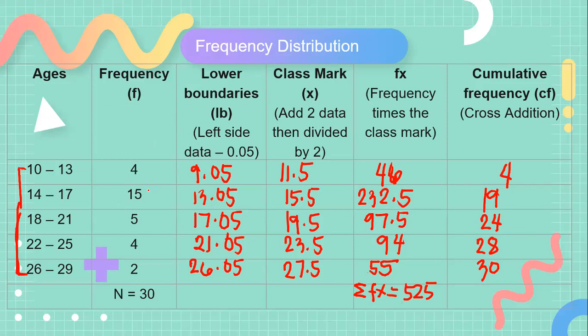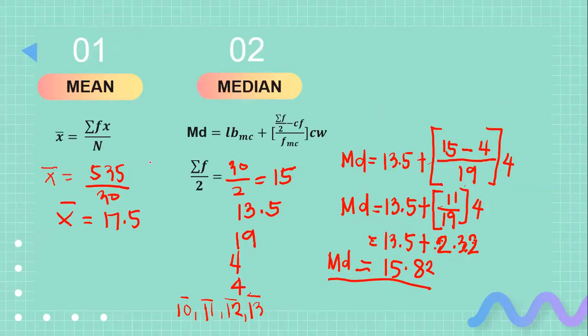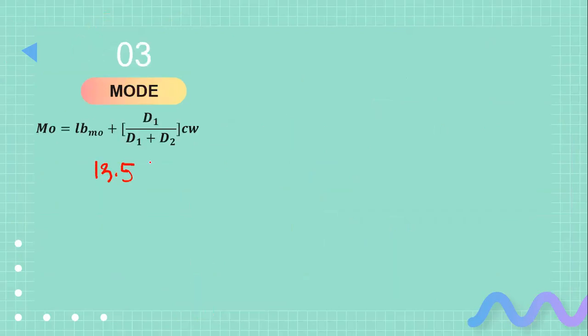Ang 15 man may pinakadaghan sa frequency, mo ni ang kaning 14 to 17 nga ages. So ihang frequency kay 15. So siya ang pinakadaghan nga frequency. So muna ato ang lower boundary of modal class, okay?